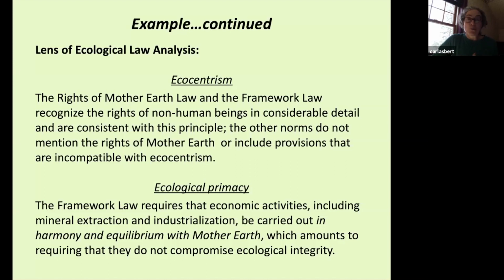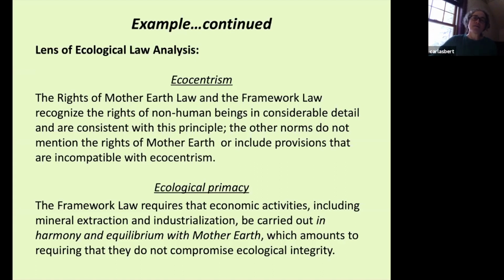Under ecological primacy, specifically the framework law, which I must say tries to reconcile what Bolivia has called integral development with a later stage of vivir bien, a society that is almost like an ecologically just society as we would see it.